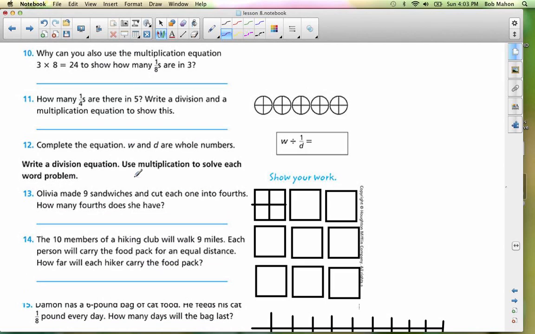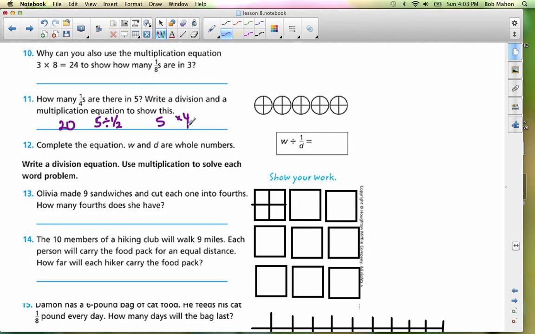So how many fourths are there in 5? 20. Right? If you were going to do a division problem, you would say 5 divided by 1/4. And if you were going to do a multiplication problem, you would say 5 times 4, right?